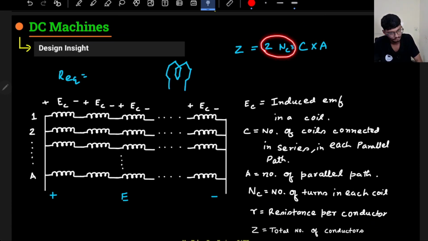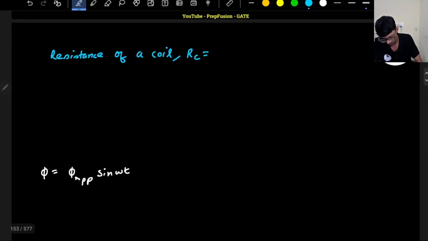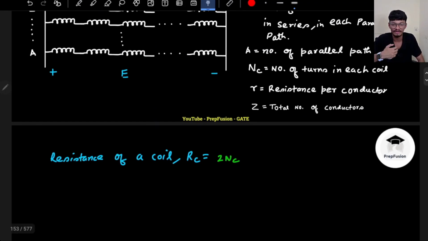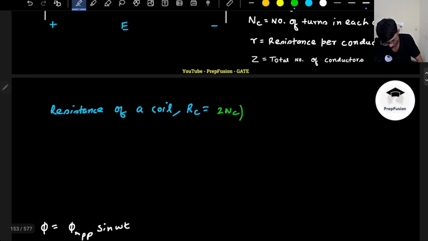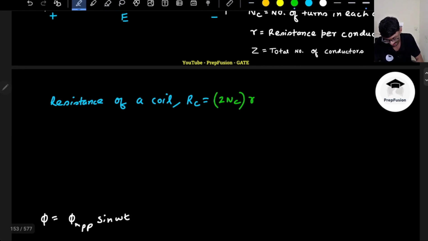It is 2 into NC, because each turn has 2 conductors. So in each coil I have 2 NC conductors, and each has resistance R, so the resistance is 2 NC R. This is the resistance of each coil.